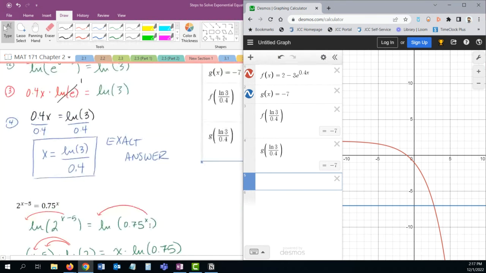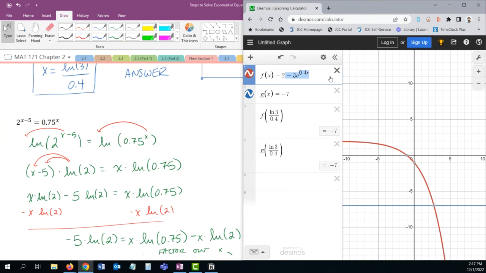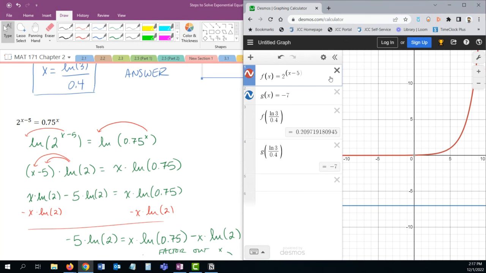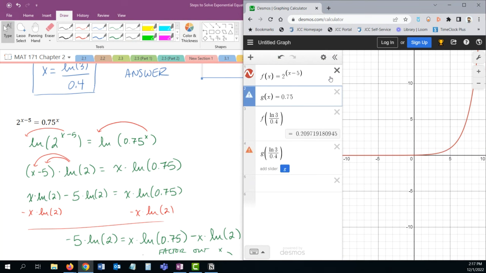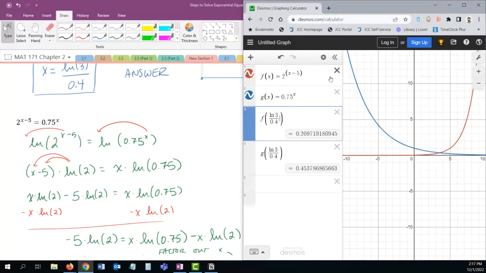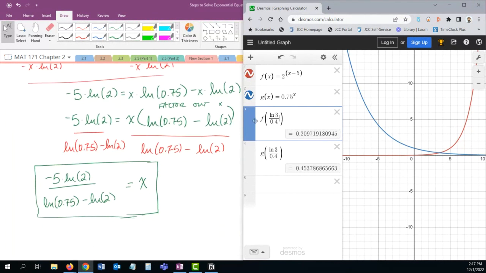So how do I check this? Same thing. I'm going right back to Desmos, and I'm saying, okay, the left-hand side of the original was x minus 5. The right-hand side of the original was 0.75 raised to the x. And the answer I ended up with was negative 5 natural log of 2 divided by the natural log of 0.75 minus the natural log of 2.